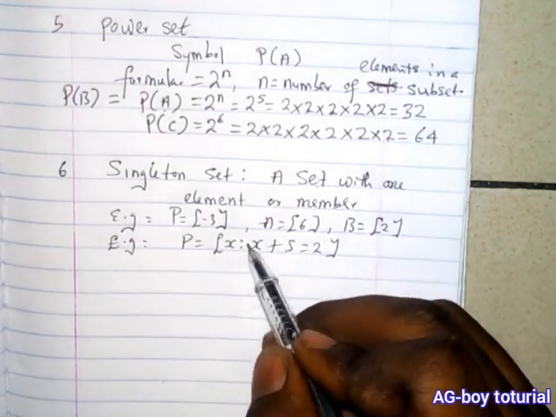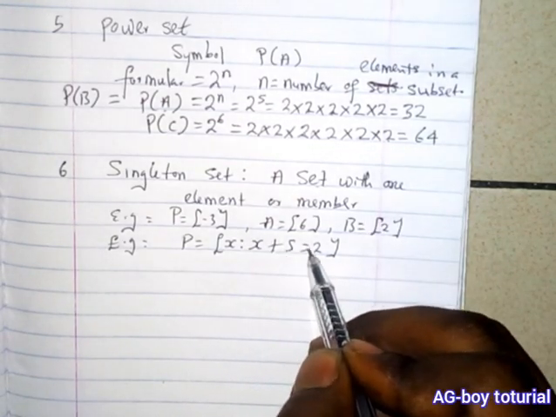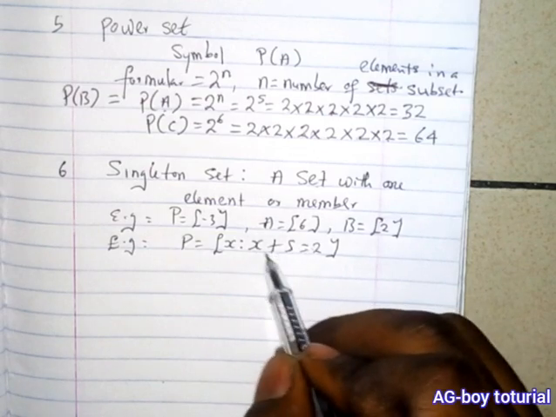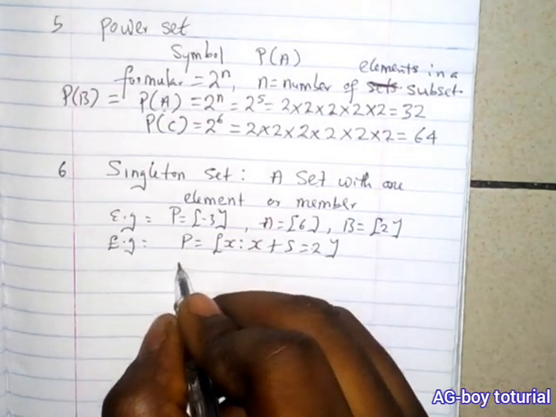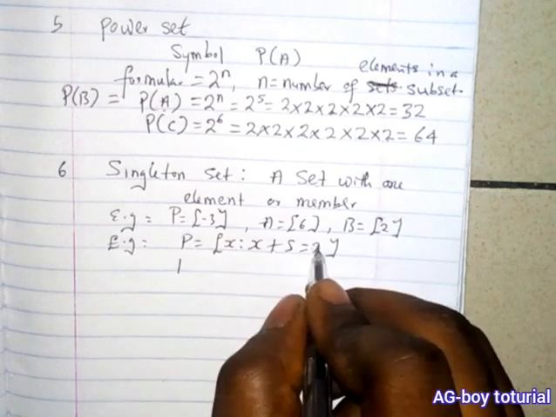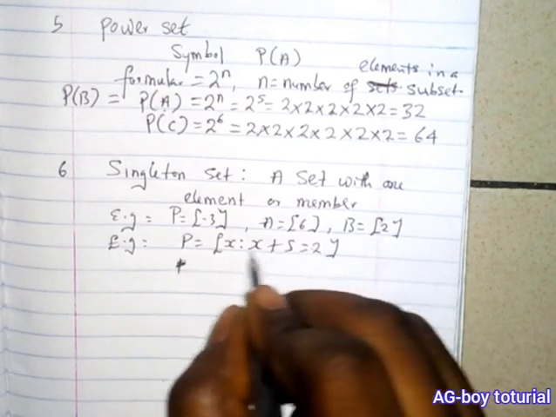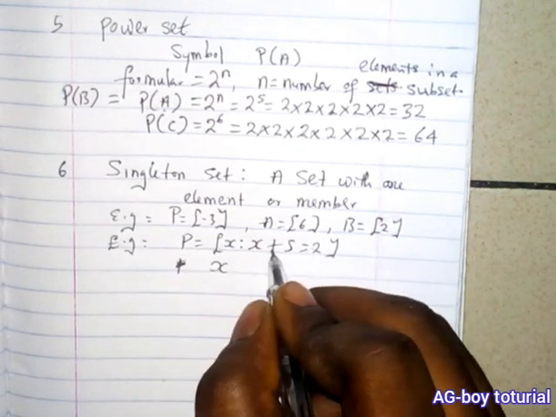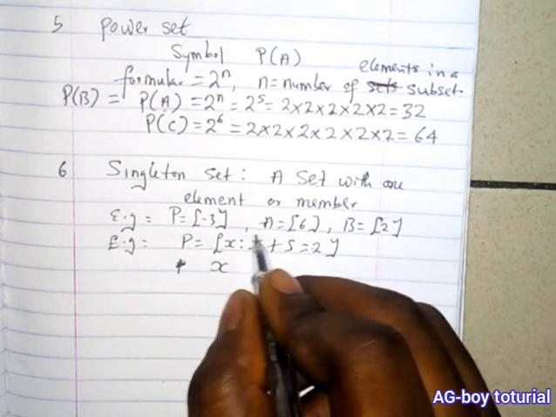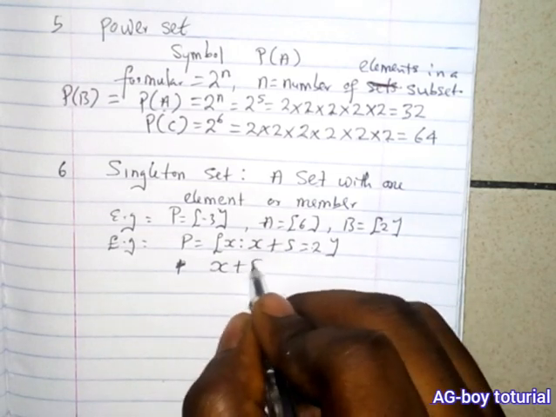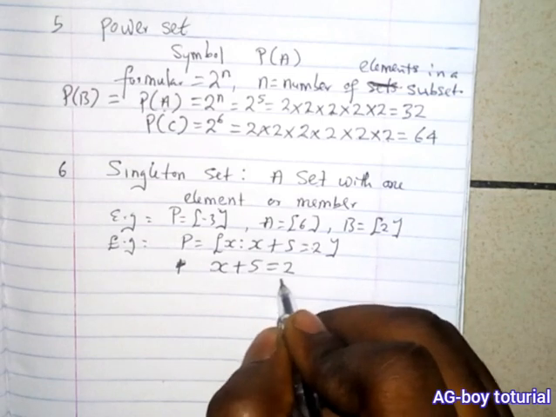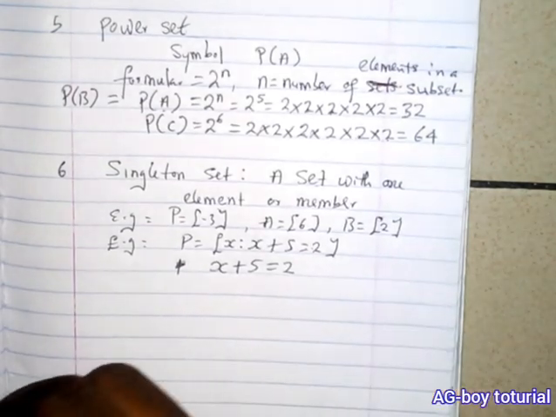P is equal to x such that x plus 5 is equal to 2, we should find x. Now P is equal to this, and they say we should find x. So x plus 5 is equal to 2.